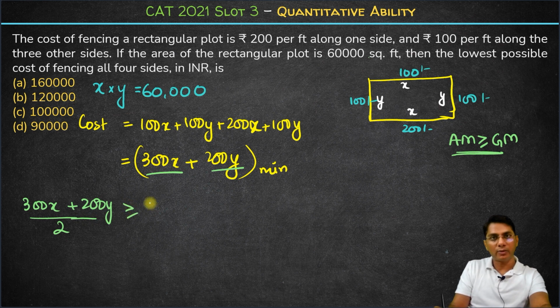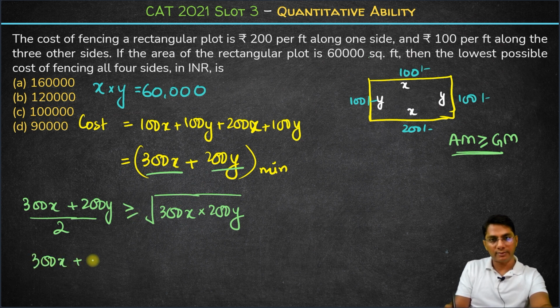This is greater than or equal to the geometric mean. Since there are two numbers, the geometric mean will be square root of 300x into 200y. So we have 300x plus 200y is greater than or equal to, this 2 goes that side, twice the square root of this whole thing.